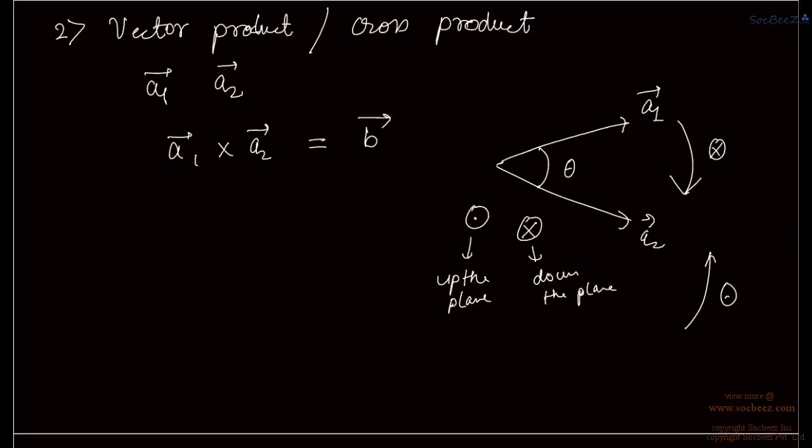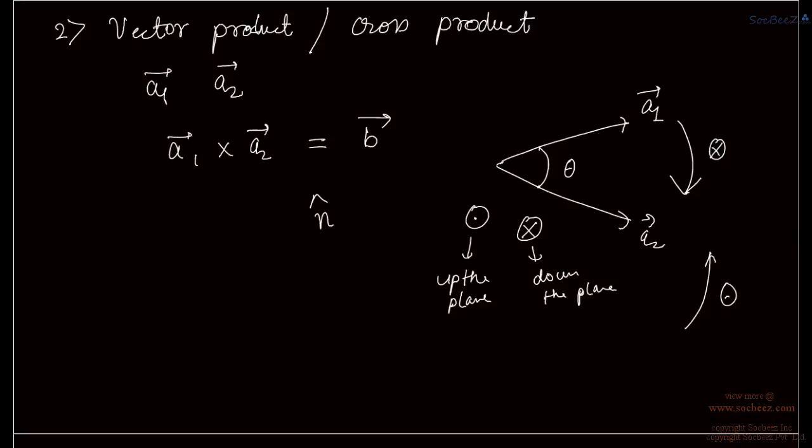So let us define the direction of A1 cross A2 as a unit vector N, the unit vector in the direction of A1 cross A2, that is perpendicular to A1 and A2. Then it will be along this N vector, where N is either up the plane or down the plane, depending upon the relative position of A1 and A2.